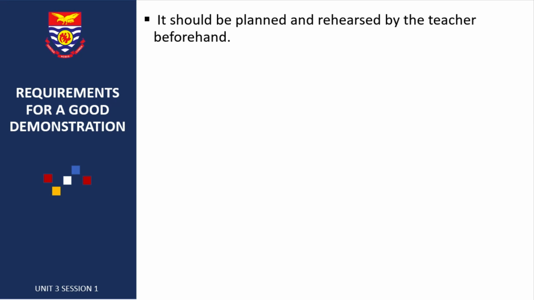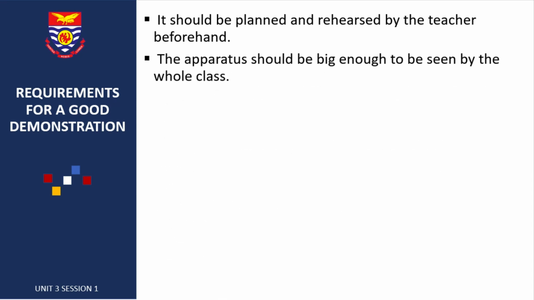Before you go and do the demonstration, make sure that you have done it assuming the prevailing conditions of your class, to be sure that your instrument would work accurately when the time reaches, and also to be sure that you can finish within time. So you need to rehearse.